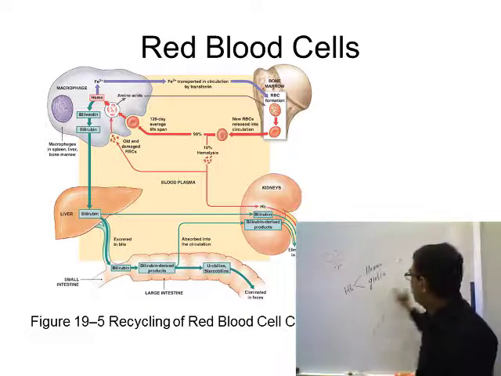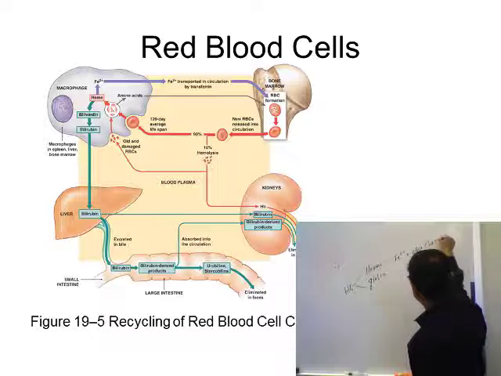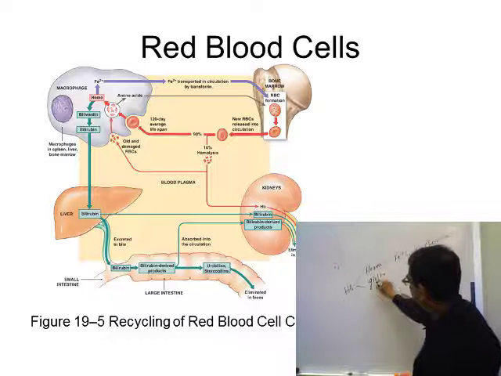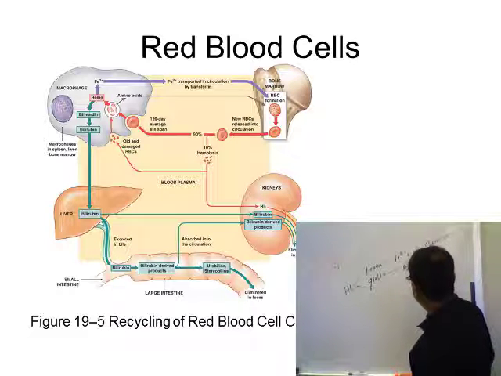Now, the heme consists of iron and other chemicals. And globin is actually protein, so it is formed by amino acids.